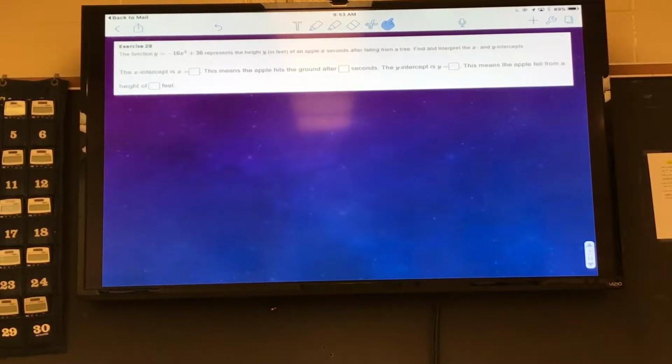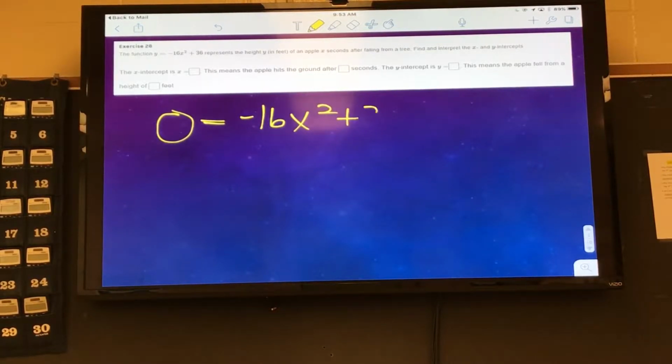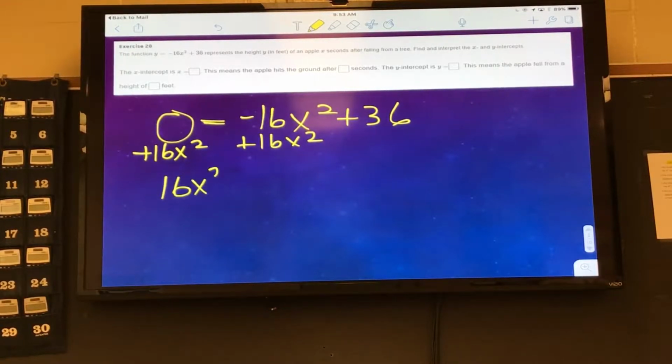As a reminder, the x-intercept is when y equals 0. And so all you have to do to start this is just do 0 for y in y equals negative 16x squared plus 36. I would get the 16x squared over to the other side because I'm going to try to isolate it. So 16x squared equals 36.